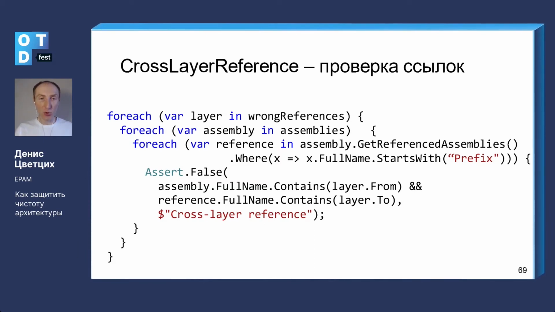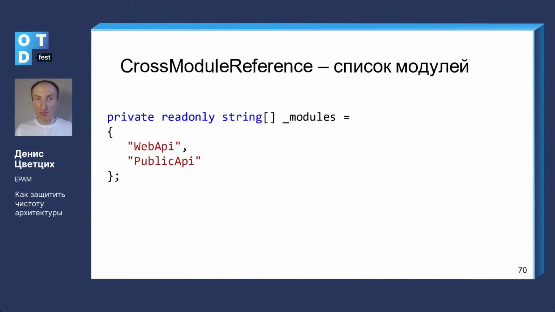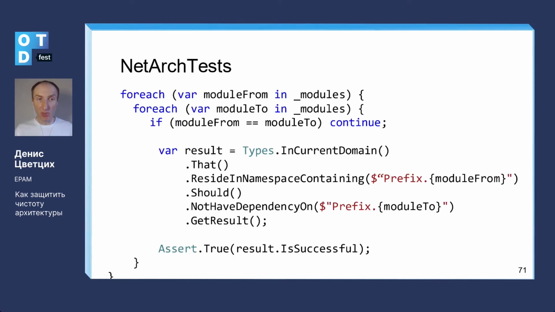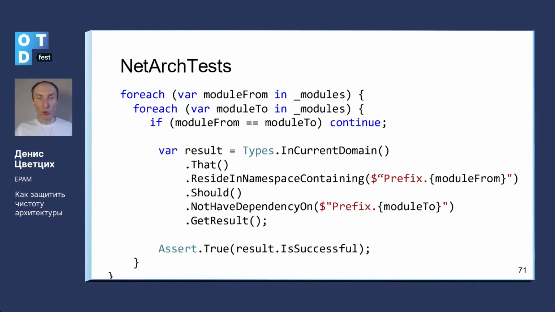For a bad reference we will have the result of cross-reference layer. For cross-module references, for references between bounded contexts, in case of various backends and frontends, the mechanics will be the same. We create a list of modules, public API and others, and we conduct the checking. We check all the modules.